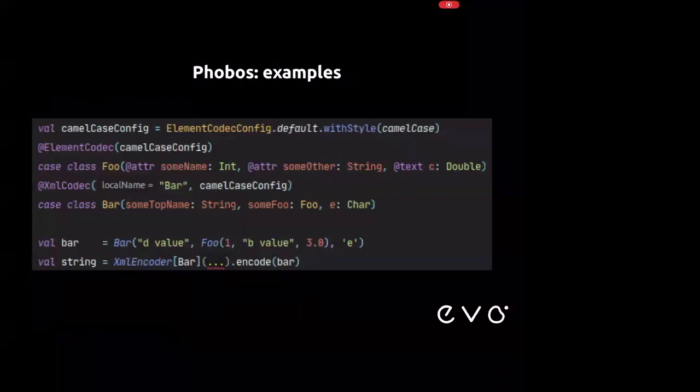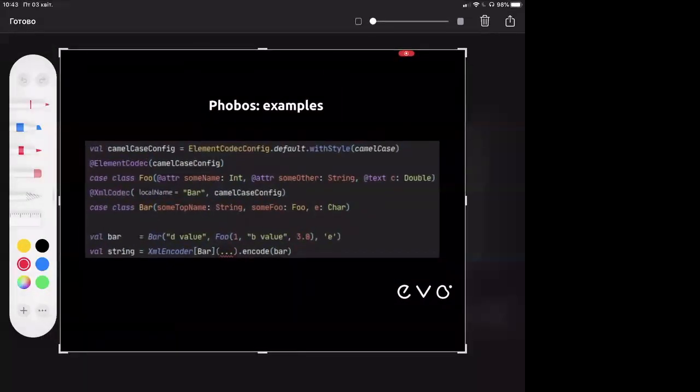First, I'll show you an example using Phobos. As you can see, this is the case class. To use Phobos, you should annotate the case class or sealed trait using special annotations, which are implemented using Scala macro annotations.